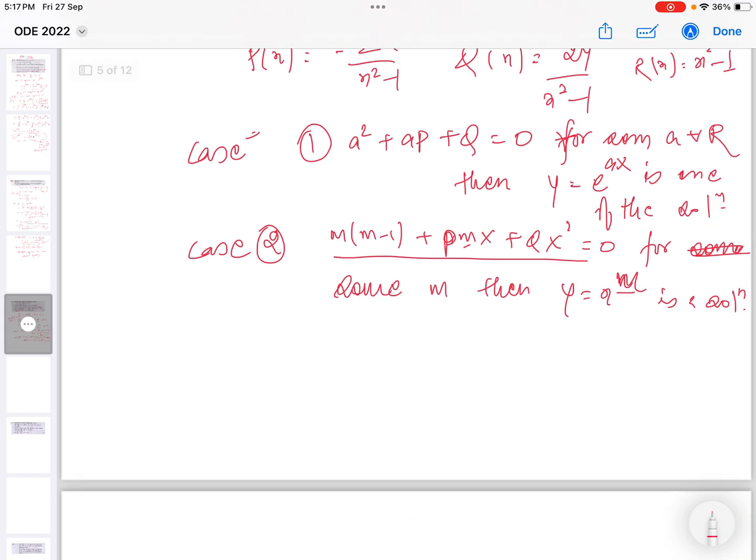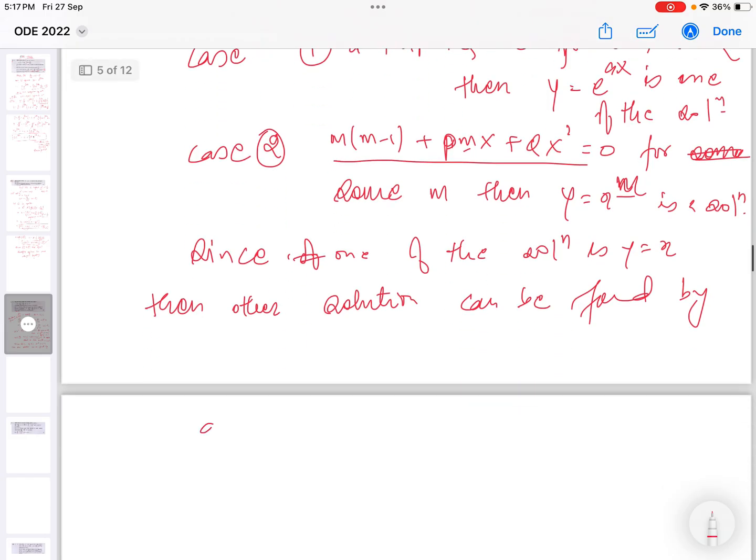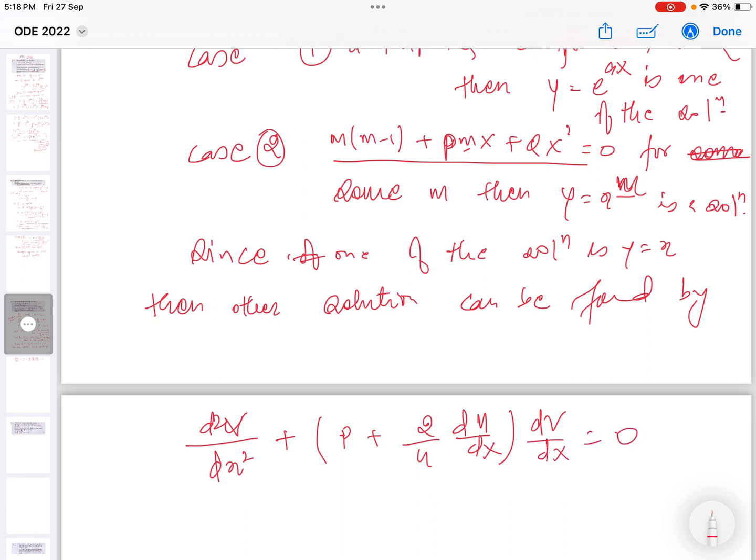So since one of the solutions is y equals x, the other solution can be found by d2v upon dx square plus, I think it was, p plus 2 by u du by dx, times dv by dx equals 0.